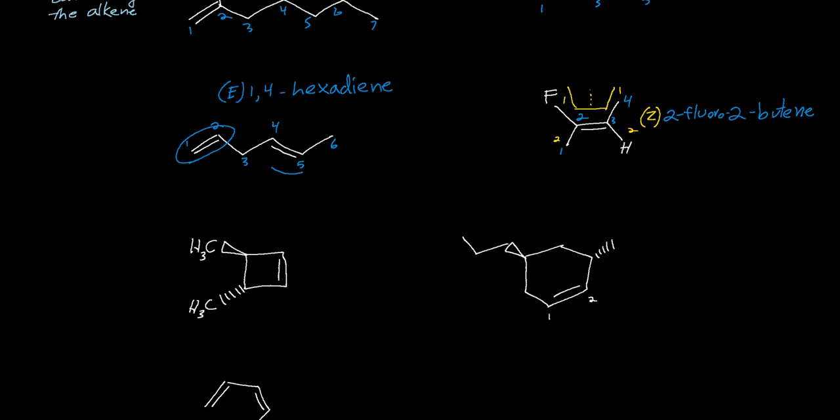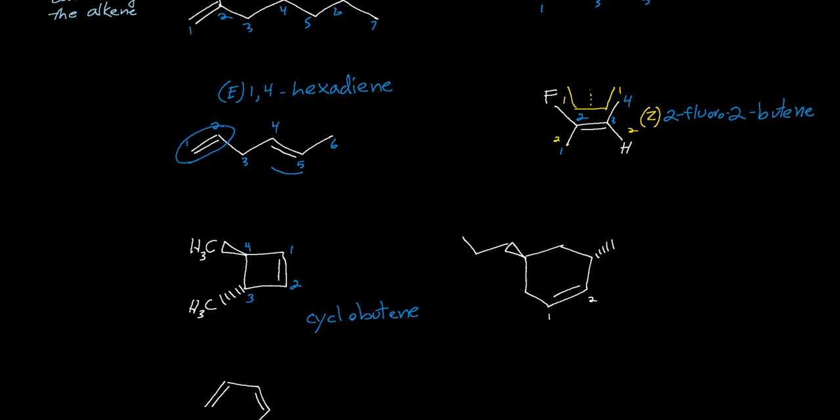This is a cyclobutene. There isn't really any need to say exactly, well, in this case there is. So numbering through the double bond in either direction, 1, 2, 3, 4. In the other direction is no different as far as where the methyls are.